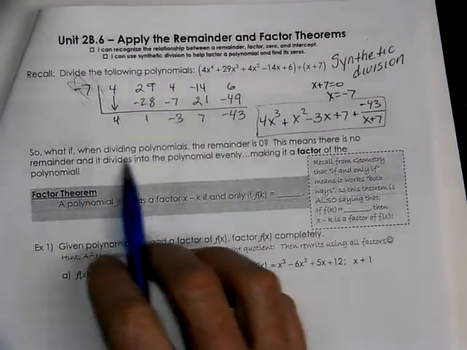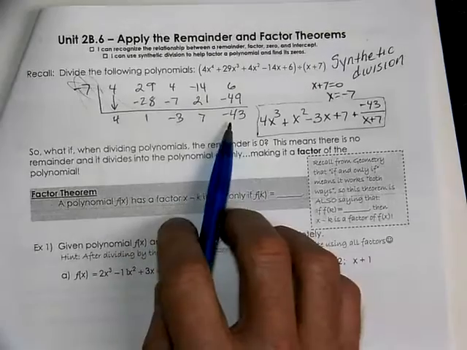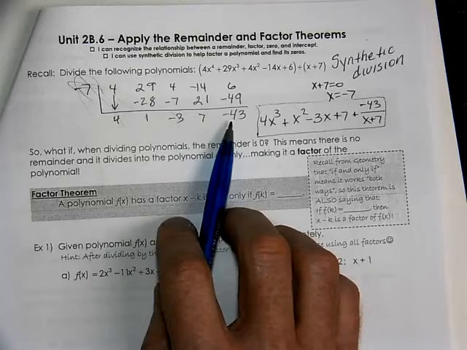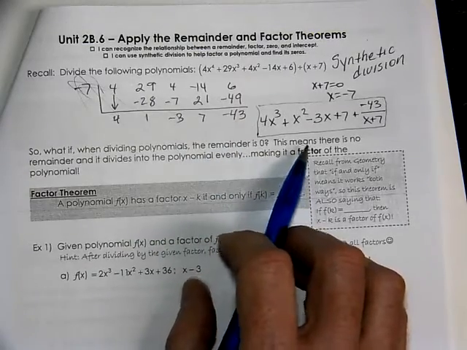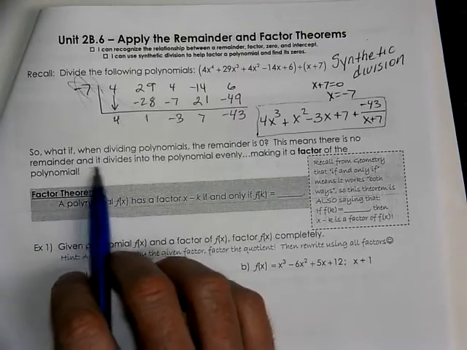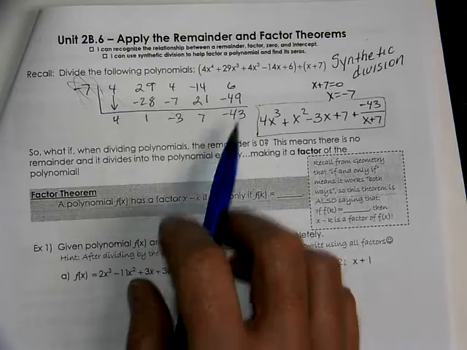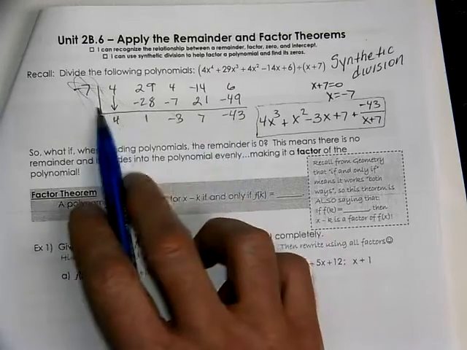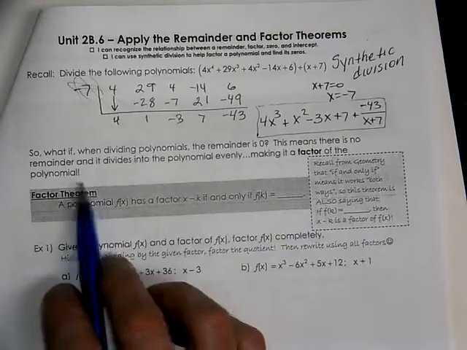So what if, when we're dividing polynomials, the remainder was 0? This remainder was negative 43. What if it was 0? This means that there's no remainder, and it divides into the polynomial evenly. If you get a 0 here, that means it divides in evenly, making it a factor of the polynomial.